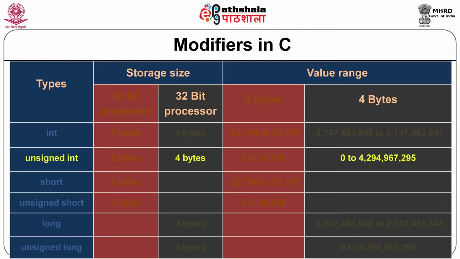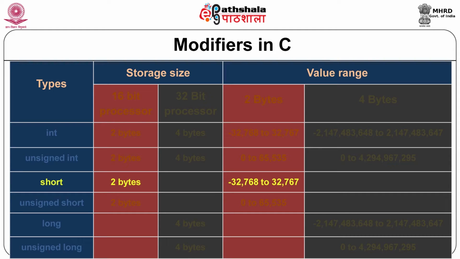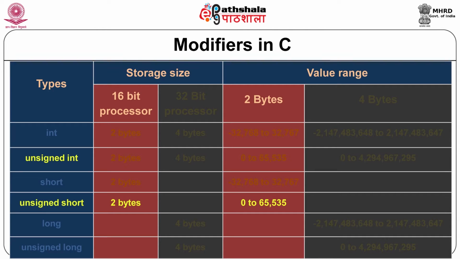For short type integer, storage size is 2 byte and value range is minus 32,768 to 32,767. Unsigned short integer, for a 16-bit processor it is 2 byte, range remains the same as before.